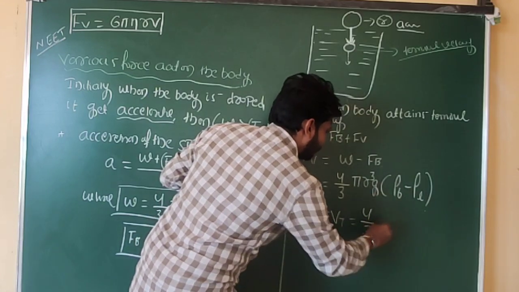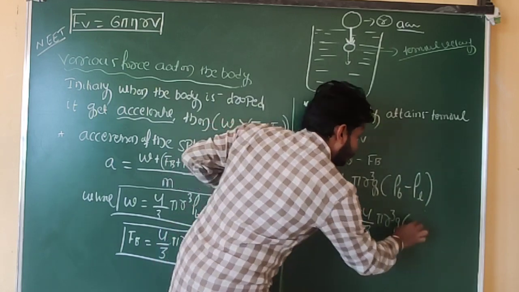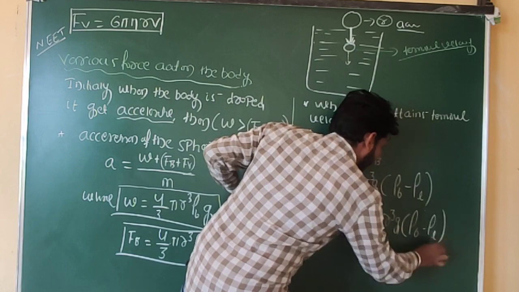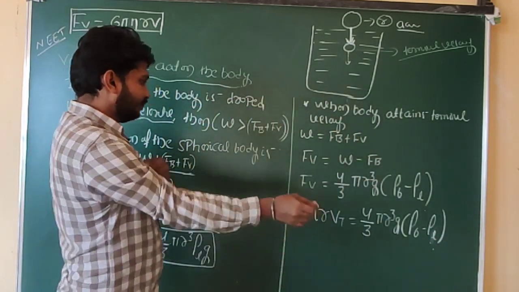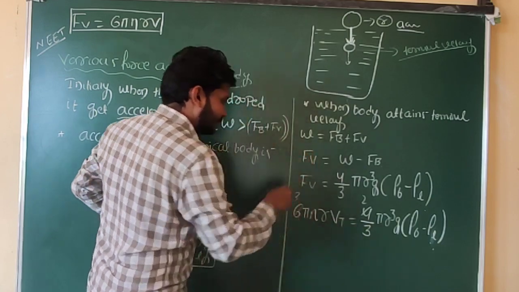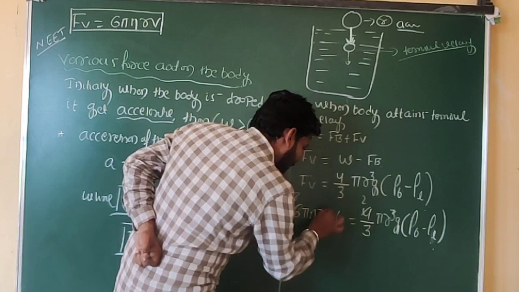To find the terminal velocity, this is the required formula: 4 by 3 pi r cube g into rho of B minus rho of L. So this is 9, and here one r term gets cancelled out.